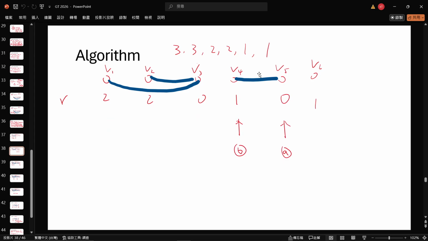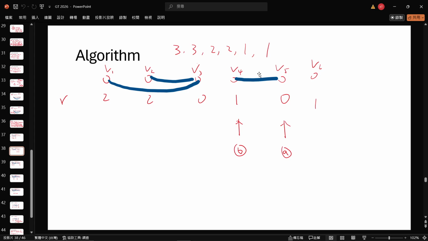One more round. Suppose in this round we pick V5, so j is 5 in this round. The remaining degree is just 1, so we only have to find one neighbor.